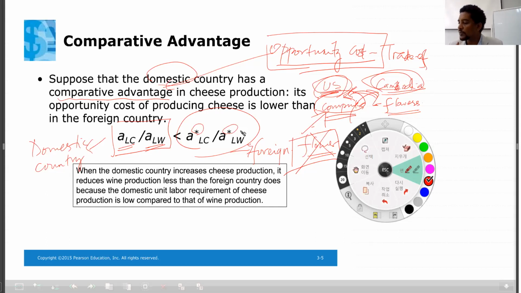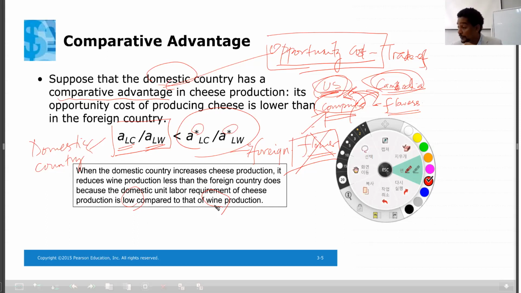Okay, because the foreign country has a lower opportunity cost of producing wine than the domestic country. Okay, so it reduces wine production less than the foreign country does because the domestic unit labor requirement for cheese production is low compared to wine production. Okay, so that is the point.